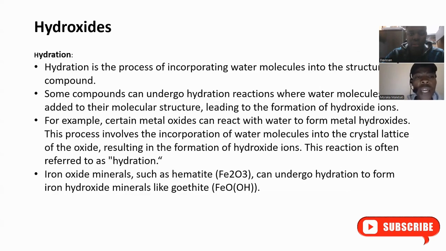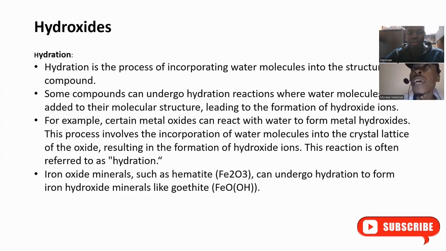And we also have hydration, wherein you're incorporating water into the structure of that particular compound. For example, certain metal oxides can react with water to form metal hydroxides. This process involves the incorporation of water molecules into the crystal lattice of the oxide, which results in the formation of hydroxide ions. For example, iron oxide minerals such as hematite.